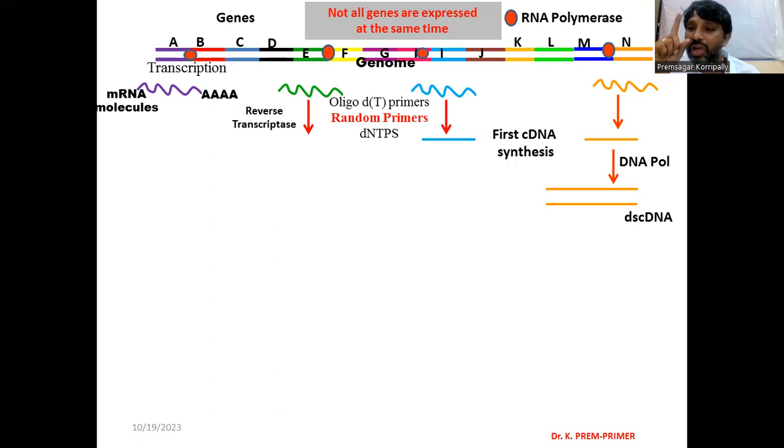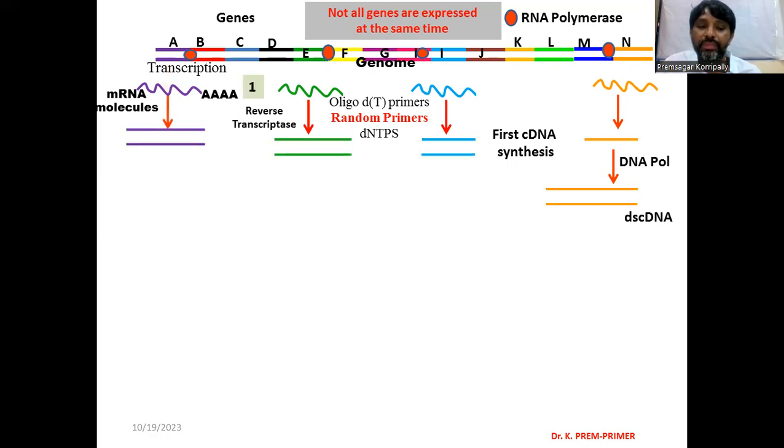There are two steps: isolation of RNA or mRNA, that's the first step, and the second one is conversion of mRNA to cDNA, the first strand and second strand. So we have completed two steps. First we isolated the mRNA, then converted it to first strand and second strand cDNA synthesis by using reverse transcriptase and other DNA polymerases.